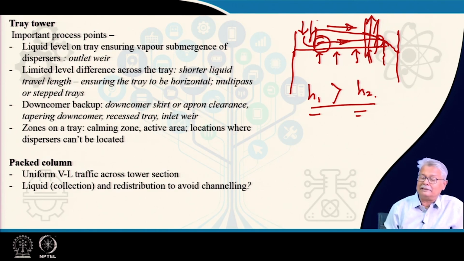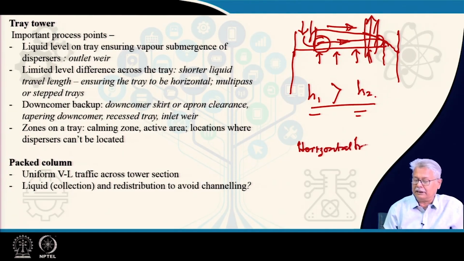Now, in this case, your efficiency of contact will definitely be falling down, and this is something which you cannot allow. So, ideally your liquid should be as close to horizontal as possible, and the first requirement for this is the horizontal tray deck.